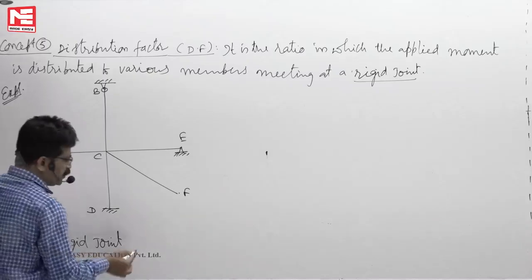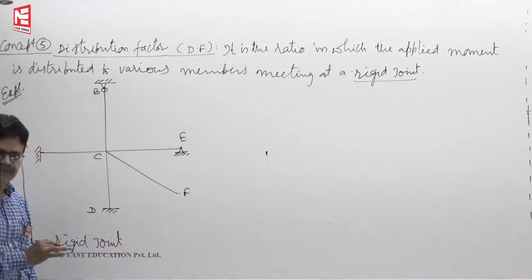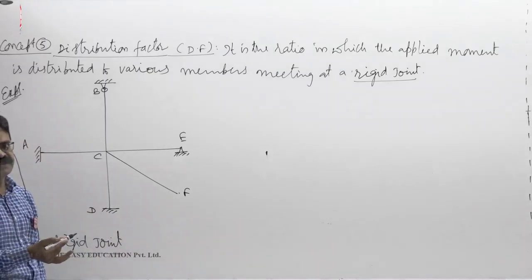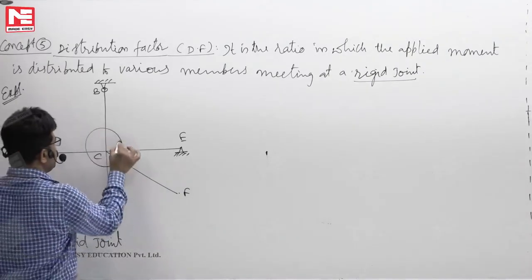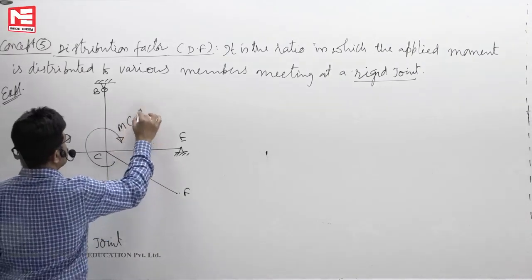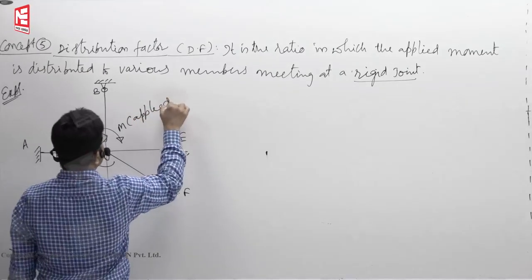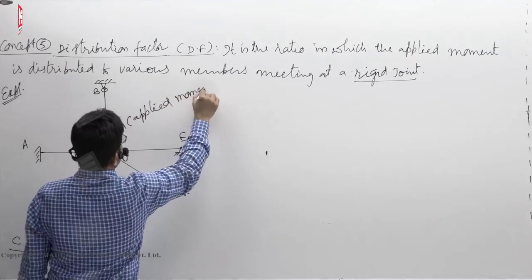Rigid joint means the angle between the members before and after application of the loads remains the same. So now when you apply a moment M, you went and applied this much moment.